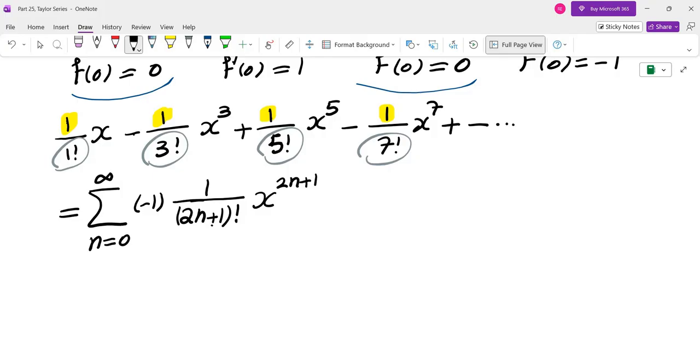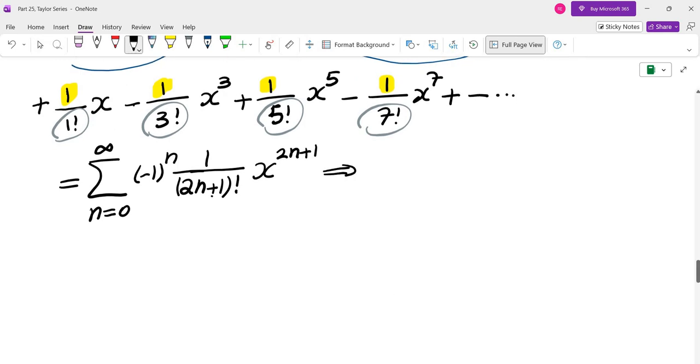If you look at the very first term, n equals 0 and it's positive. So negative 1 to the power of n gives us the correct sign. Negative 1 to the power of 0 is positive. Negative 1 to the power of 1 is negative. Negative 1 squared is positive, etc. As you see, the signs are positive, negative, positive, negative, etc.